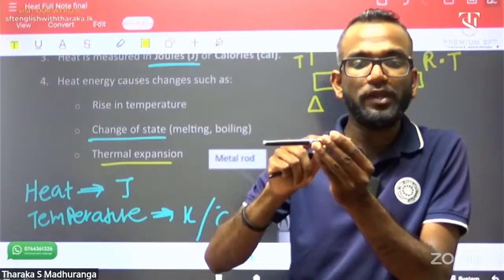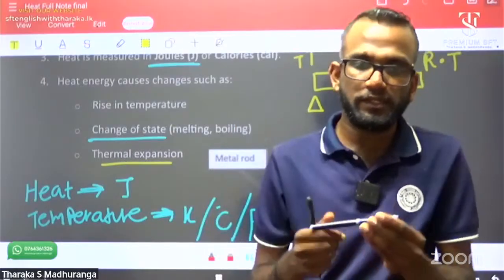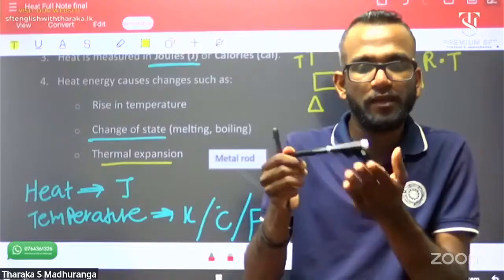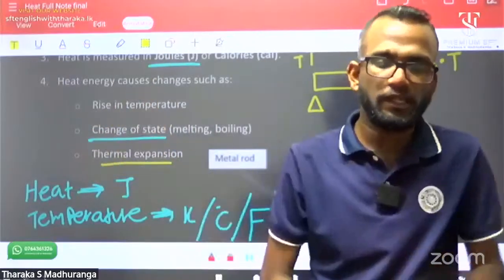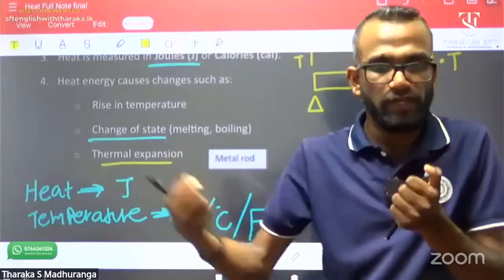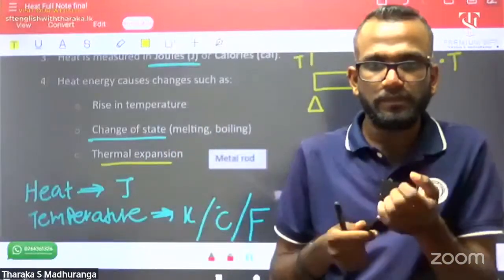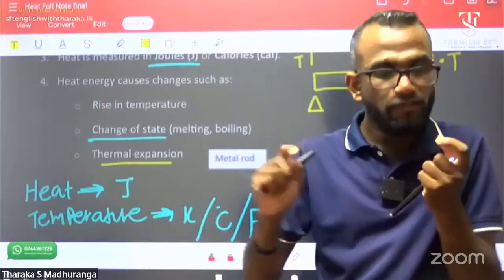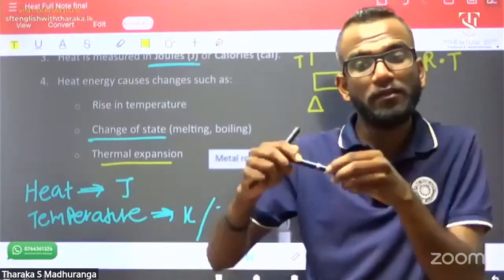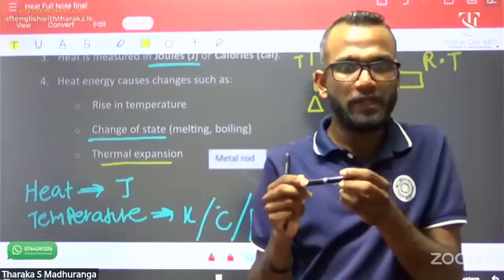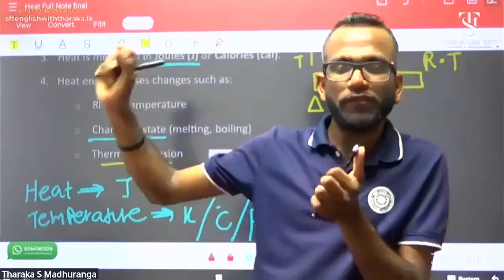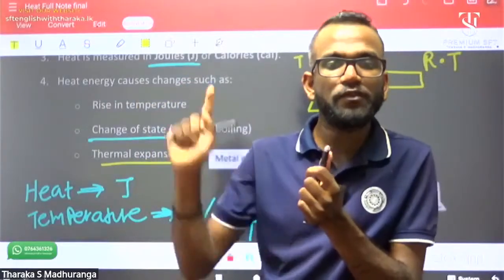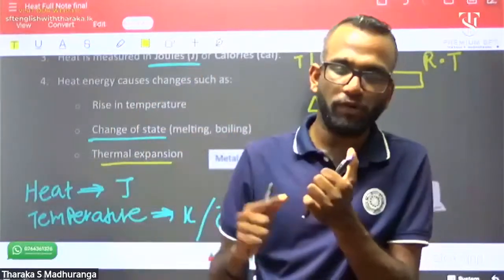At a certain point, it reaches the melting point. Melting point means the temperature at which solid converts into liquid. Sorry, I said boiling point, that we call the melting point. Boiling means the vaporizing temperature. Normally, water converts into water vapor at 100 Celsius. Therefore, 100 Celsius is the boiling point of water.